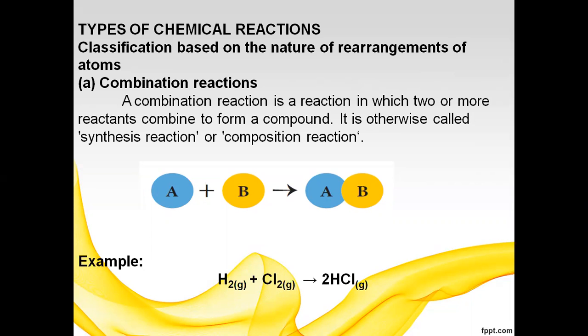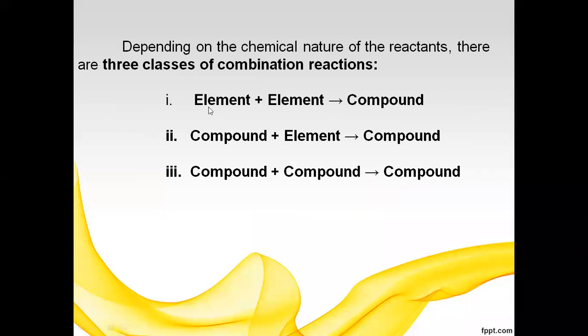Depending on the chemical nature of the reactants, there are three classes of combination reactions. Based on the nature of the reactants: element plus element gives a compound, compound plus element gives a compound, and compound plus compound gives a compound.